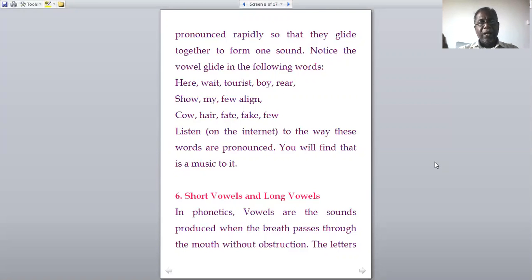Out of these 5 letters A, E, I, O, U, they represent 20 sounds. 5 letters represent 20 sounds. Out of these 20 vowels also, we have short vowels and long vowels. In phonetics, vowels are the sounds produced when the breath passes through the mouth without obstruction. I told you already, vowels, those words or letters should come out freely.